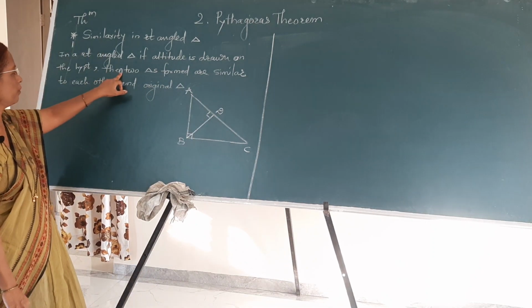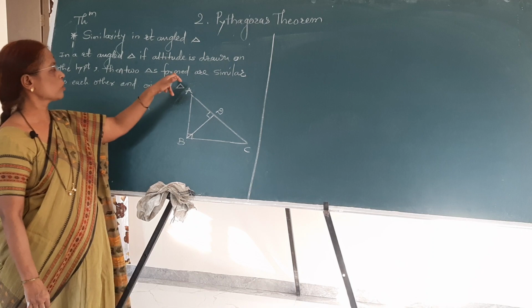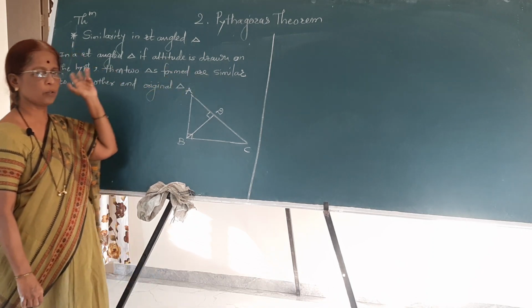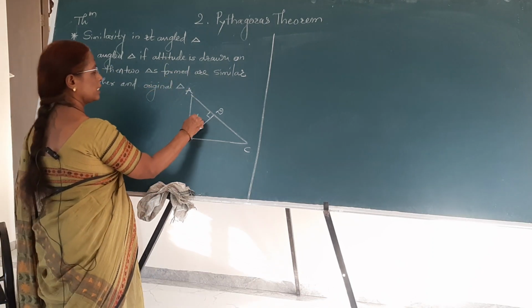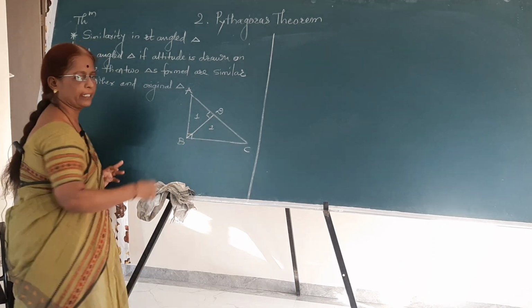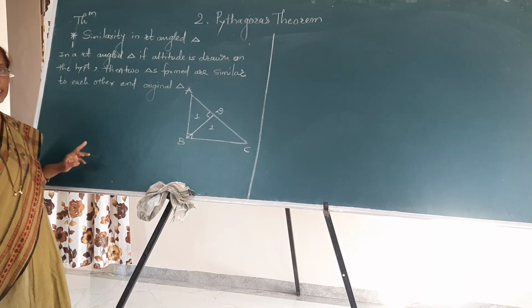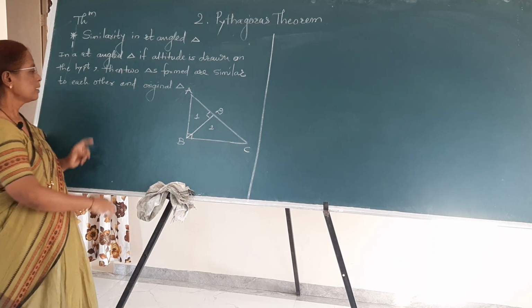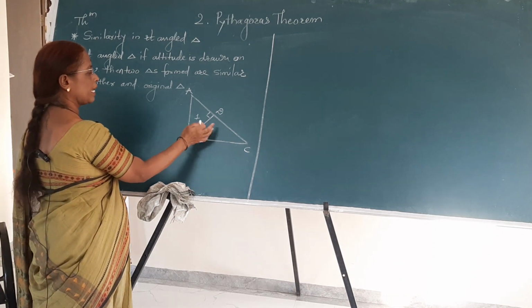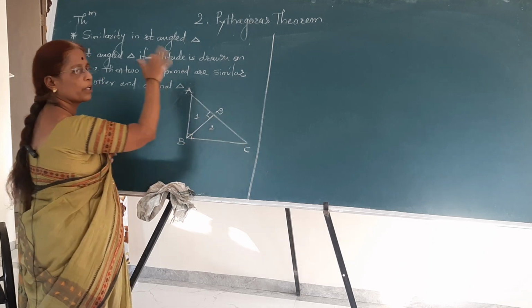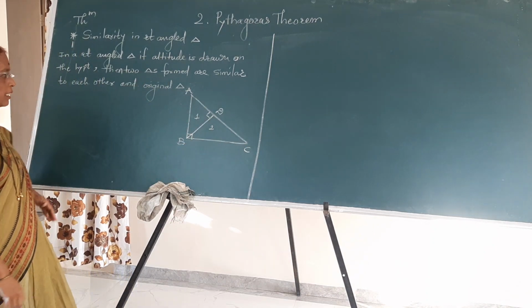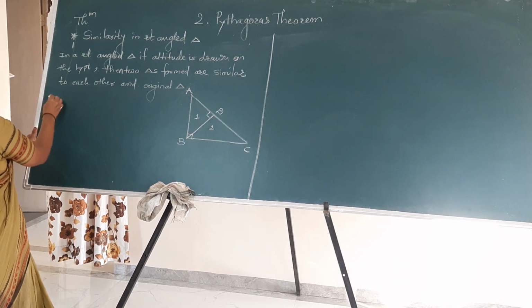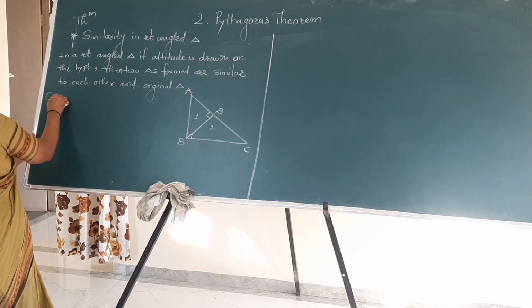Then the two triangles are similar to each other. So see, this is our first triangle and this is the second triangle. They are similar to each other, and these two are similar to the original one. Means what is the given thing? See, we will start.